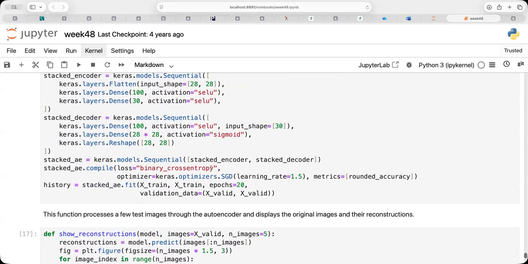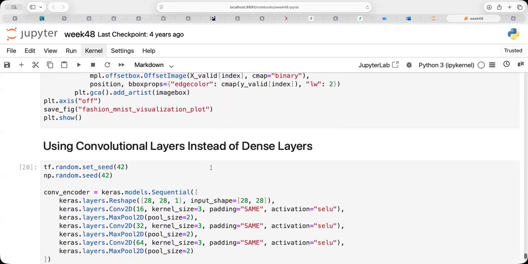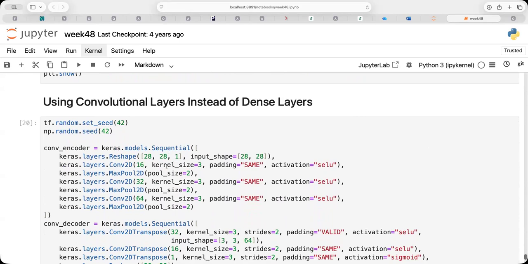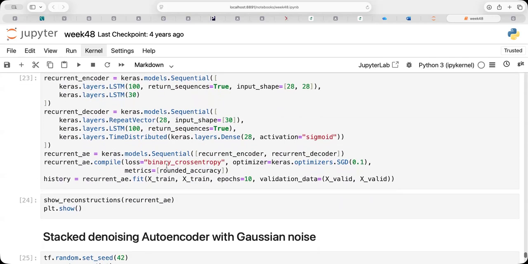We have the encoder and decoder part. If you scroll down, you can use convolutional layers instead of dense layers. So instead of having a standard feed-forward neural network, you can have a convolutional decoder and encoder. There is another example here where you can have recurrent autoencoders, etc., etc.